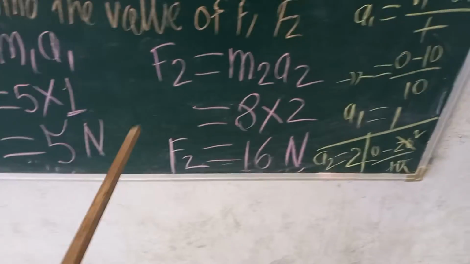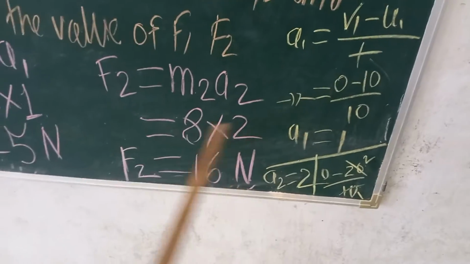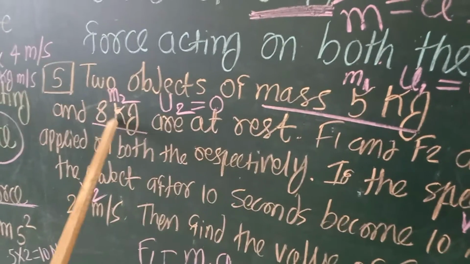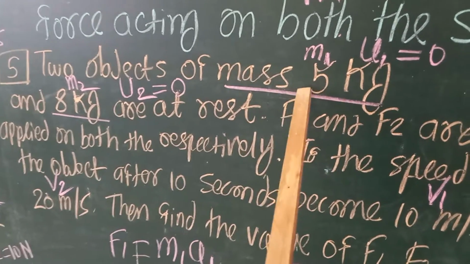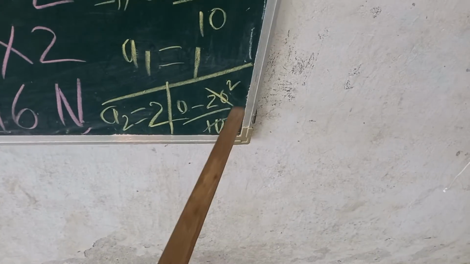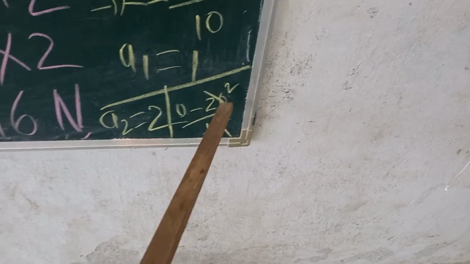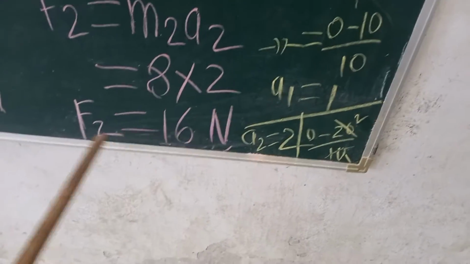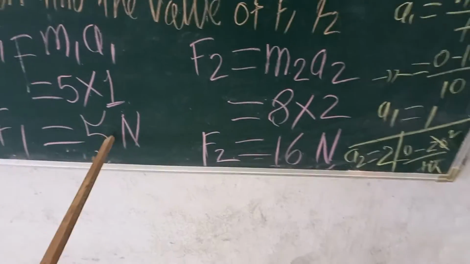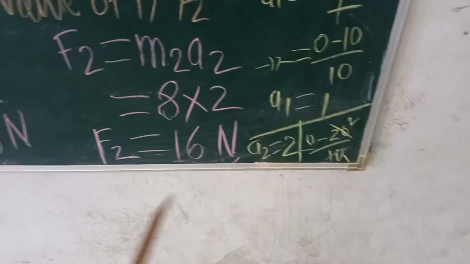And F2 is M2 A2. M2 is given as 8 kg here, multiplied by A2, which we calculated as 2. 8 multiplied by 2, what is the answer? 16 N. F1 is 5 N and F2 is 16 N.